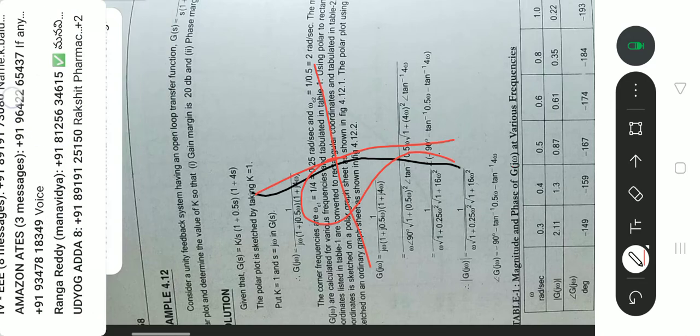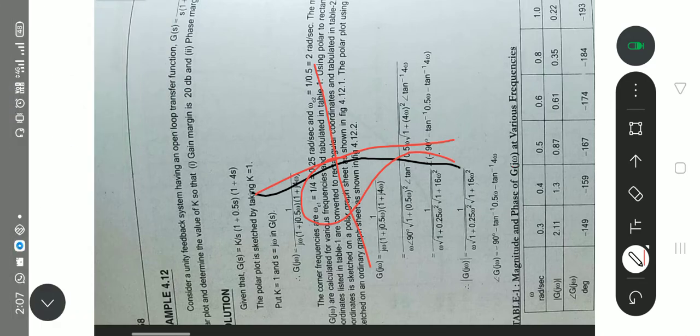Here I am drawing like this. Right. Order 3 type 1. For the Nyquist plot we take the imaginary axis of this. You can draw the imaginary axis for this polar plot.